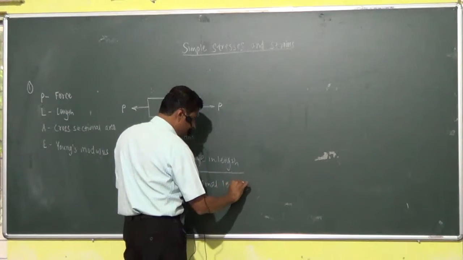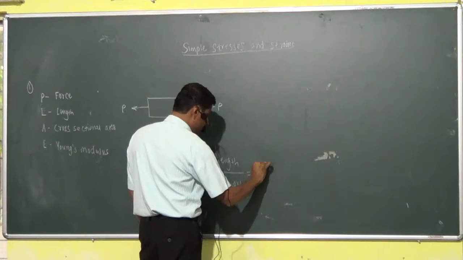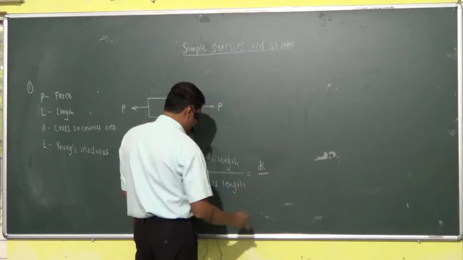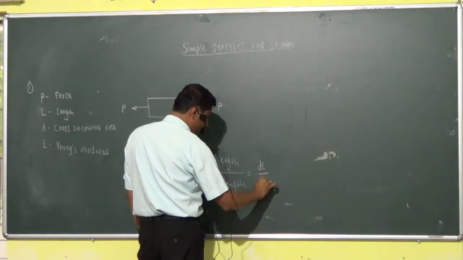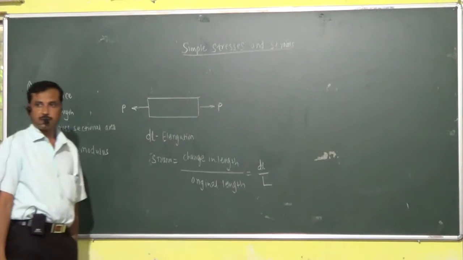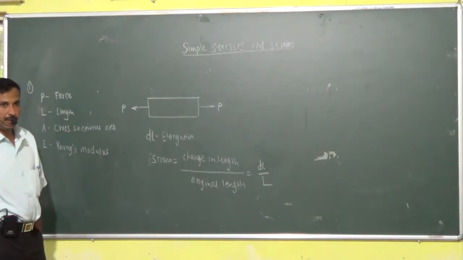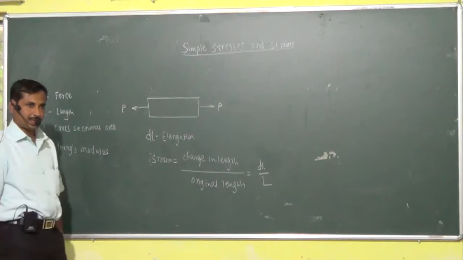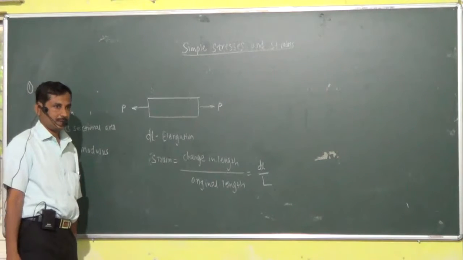So change in length we are considering as equal to dl, and original length notation we have given as L. So dl upon L will be considered as strain in the material.